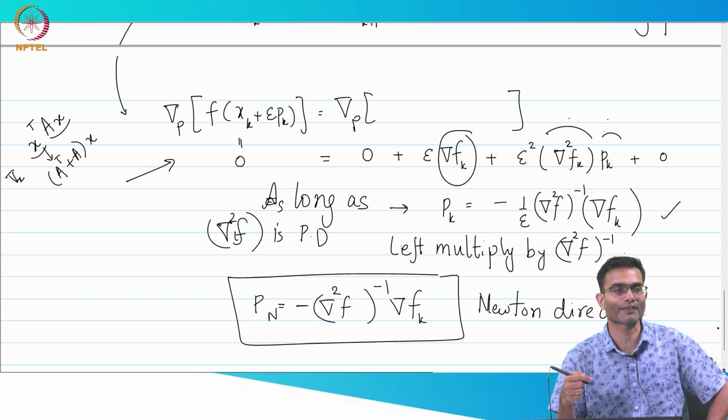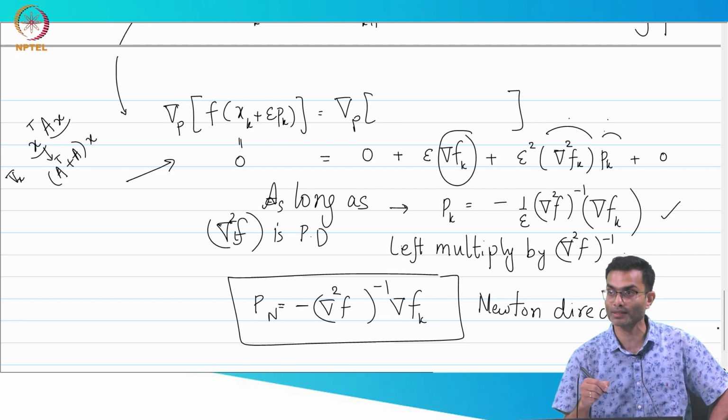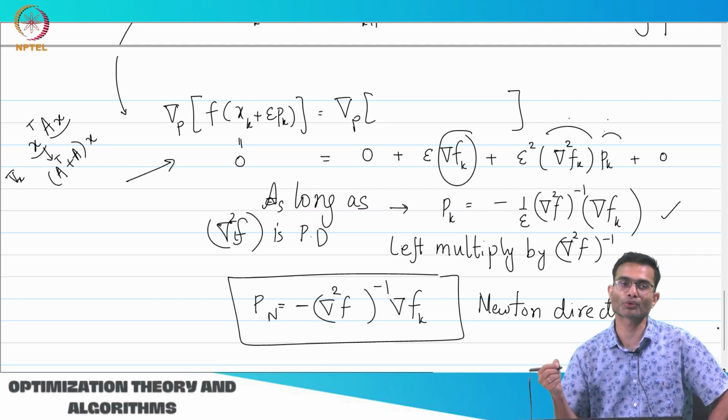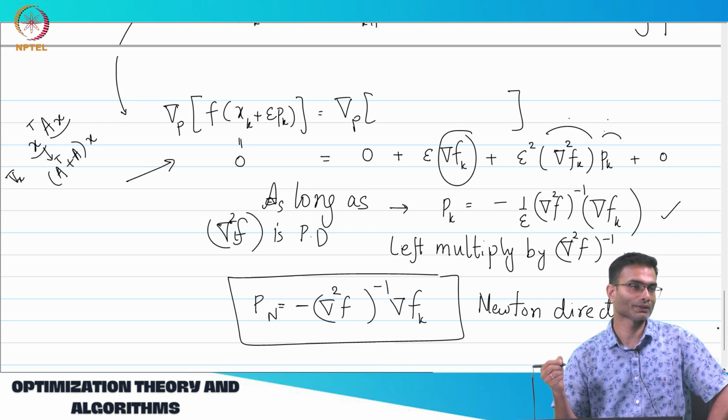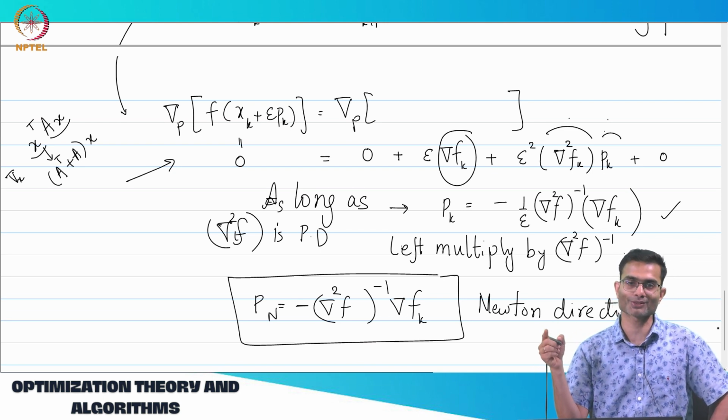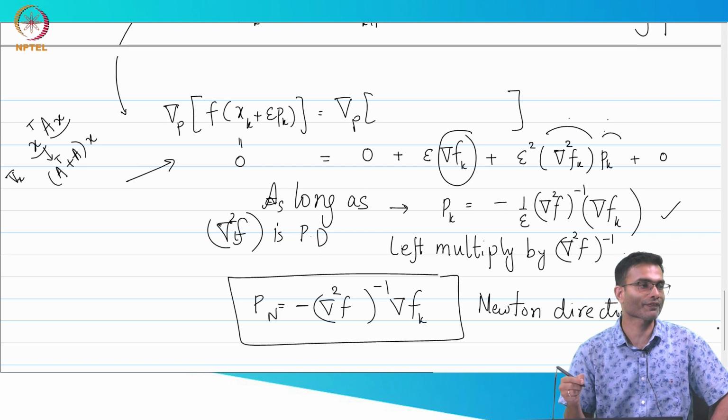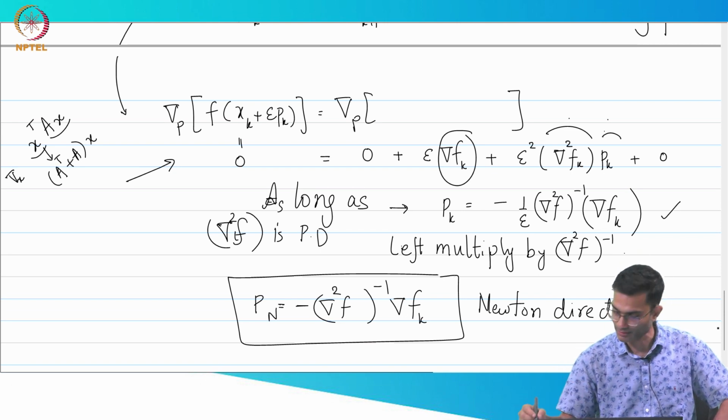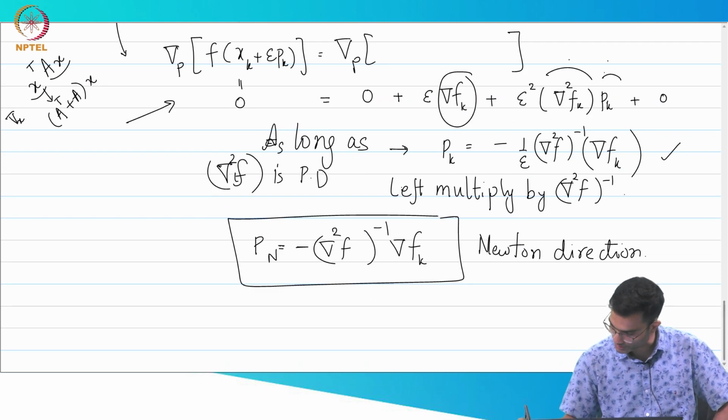We have not verified if the angle is right. In other words, we have not verified if this Pn is actually a descent direction. For all you know, we did a great ascent. At the top of the peak also grad is going to be 0. So we have to verify if this was a descent direction, right? So let's put that down.